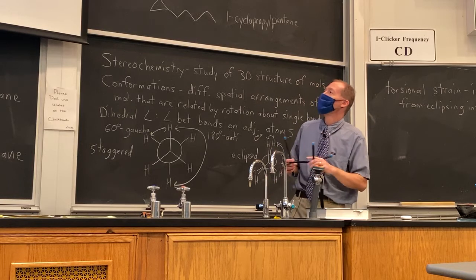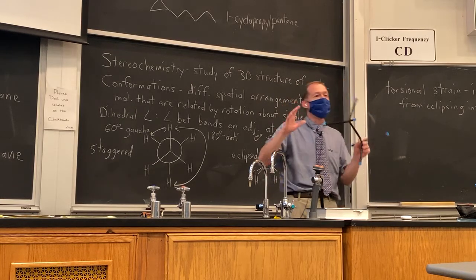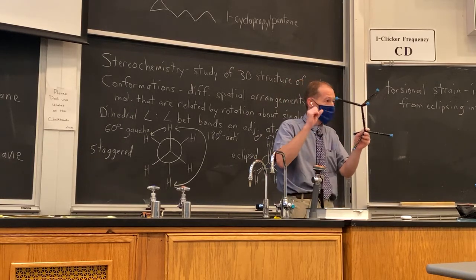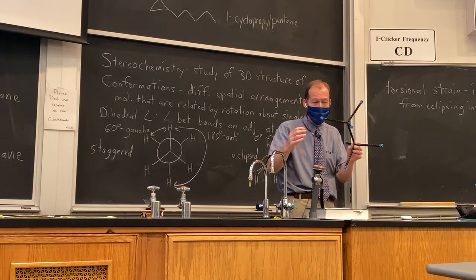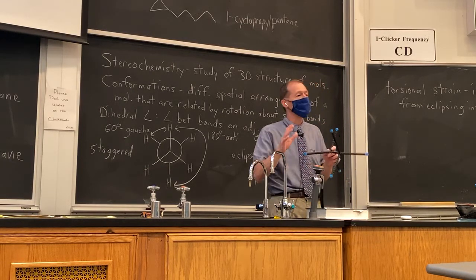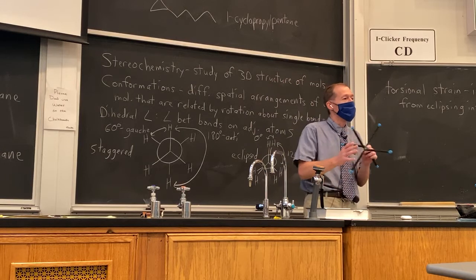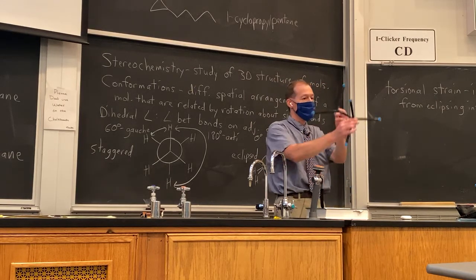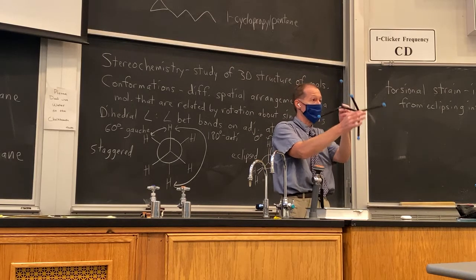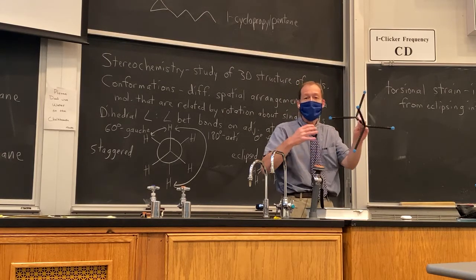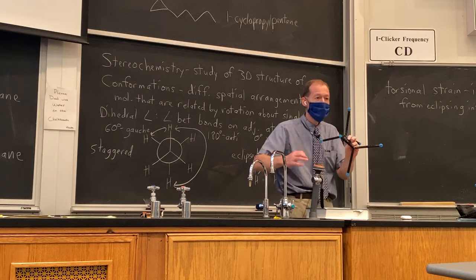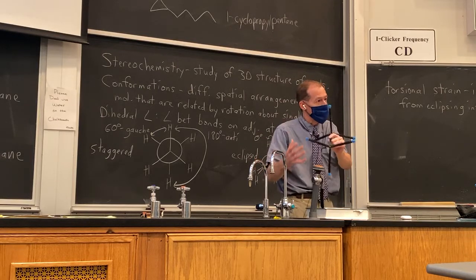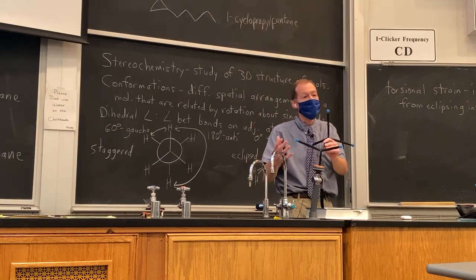However, if we were able to take a snapshot of our bottle of ethane molecules, and see what conformation they were in at any given instant in time, the vast majority of those molecules would be in the staggered conformation. Because the laws of equilibrium tell us that the lower energy species is going to dominate at equilibrium.